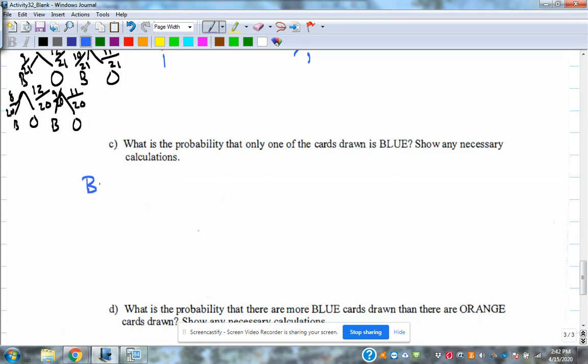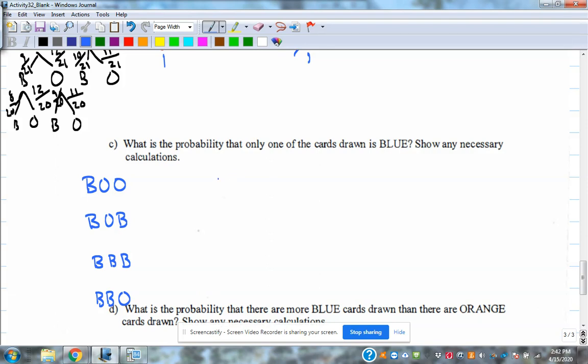So we could have blue, orange, orange. We could have blue, orange, blue. We could have blue, blue, blue. Or we can have blue, blue, orange. Okay, those are the things that could happen where we have a blue there.